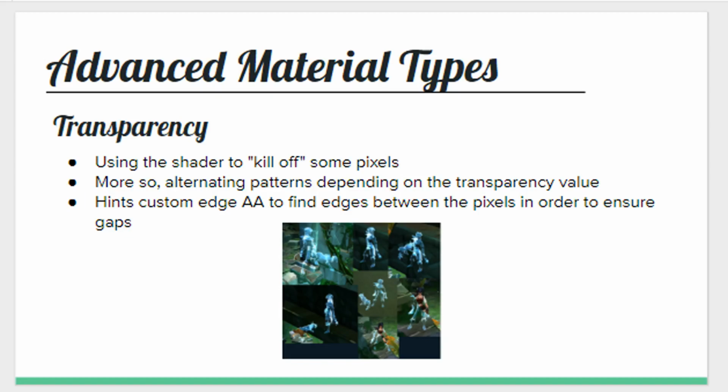You could have, for instance, an array that has each pixel blanked out at a certain distance, and depending on the patterns that you want to go through, it would change how it looks. You would use a custom edge detection, so it finds edges between the pixels in order to ensure gaps, because if there are no gaps, that's when we would have too many pixels killed off and we would have our things looking weird. Again, another image of transparency, what it starts to look like.